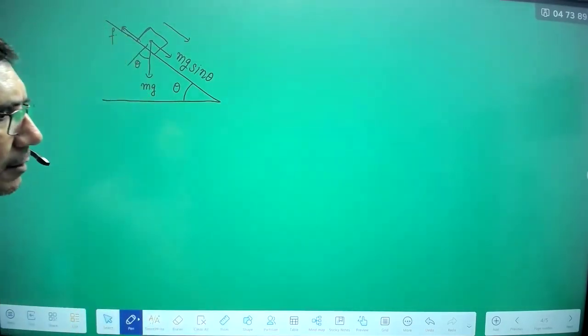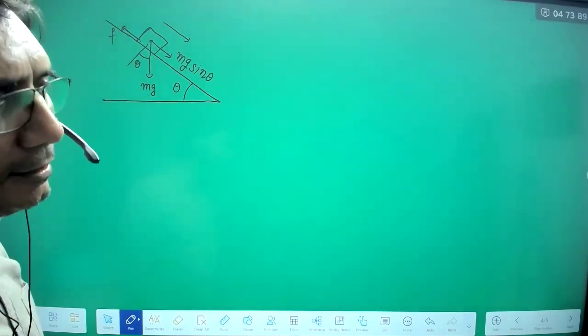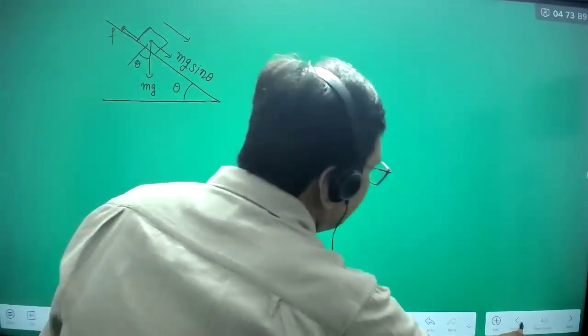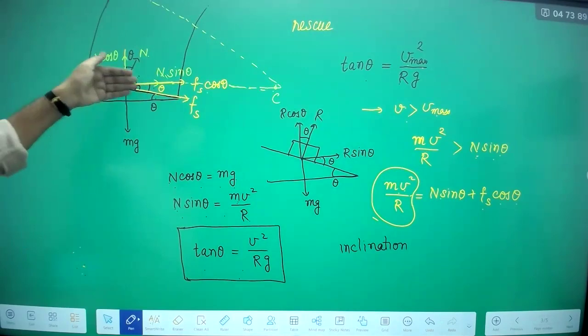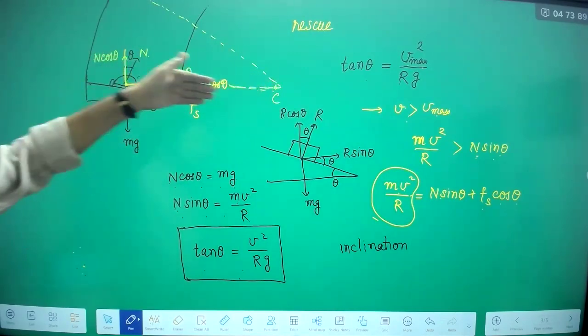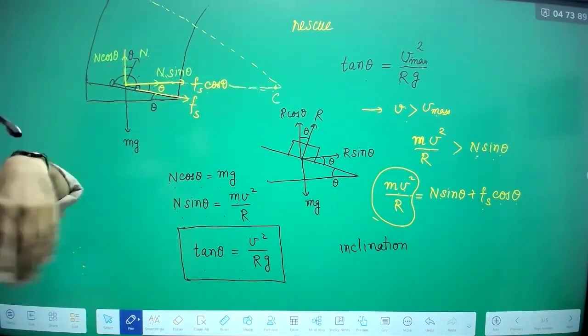Sir, basically, Fs cos θ balances the centripetal force. Not balances the centripetal force. No, it's not balancing. They are themselves acting toward the center, so how can they balance? They can only act as a source of the centripetal force.